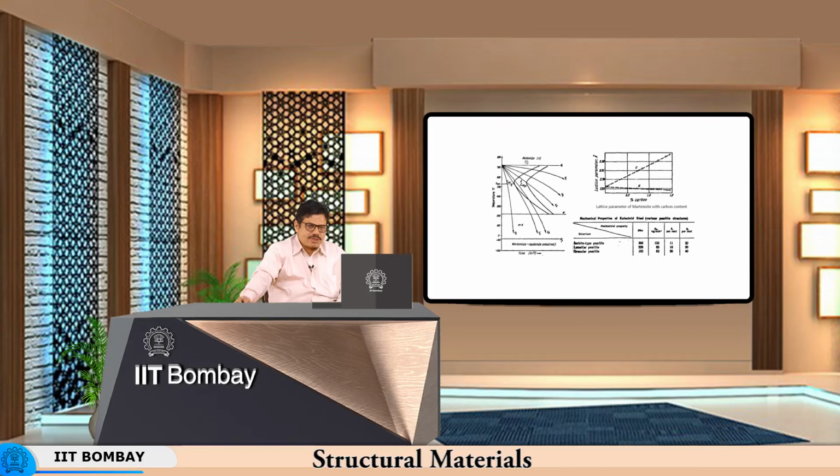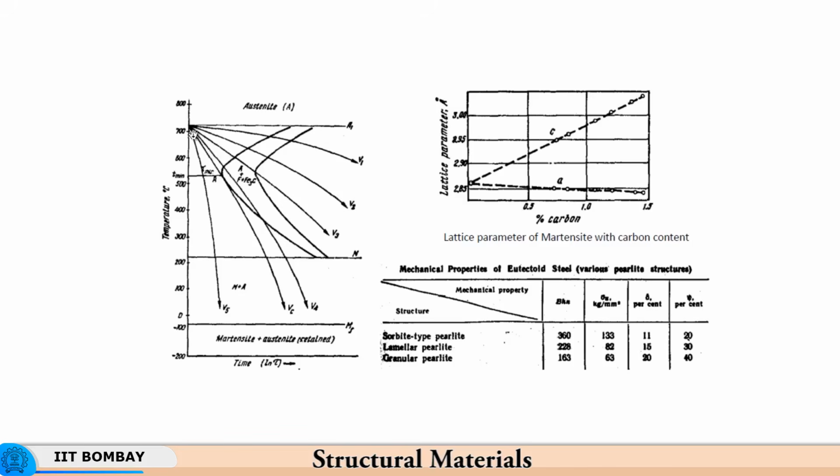Now here what we see is that, particularly with reference to steel, you have austenite phase which is formed above 723 degrees centigrade, and then if you maintain it at a certain level, it will remain the same, but then you have different possibilities of cooling rates. You have different cooling rates being deployed here.